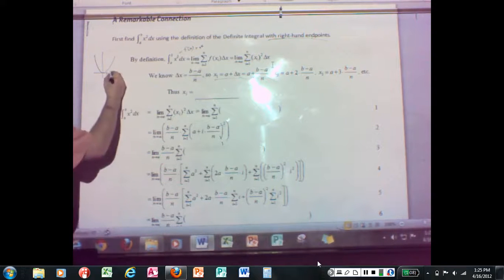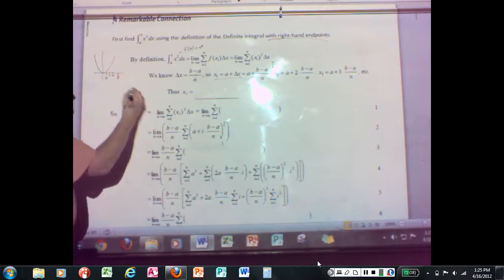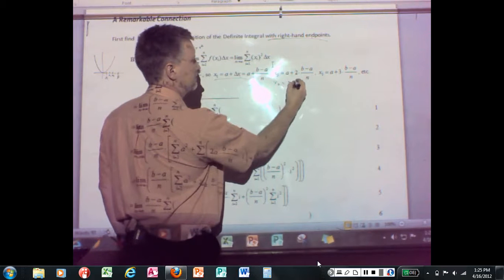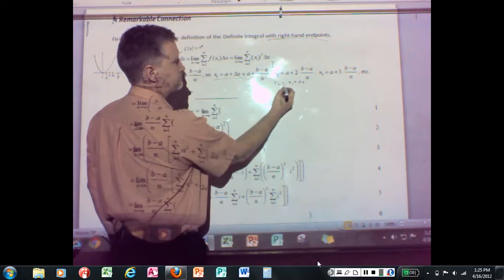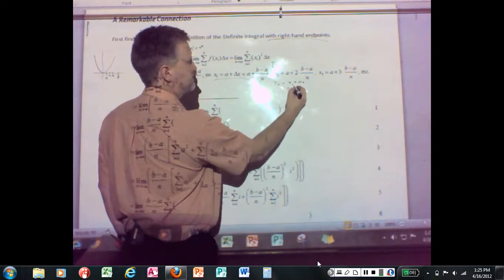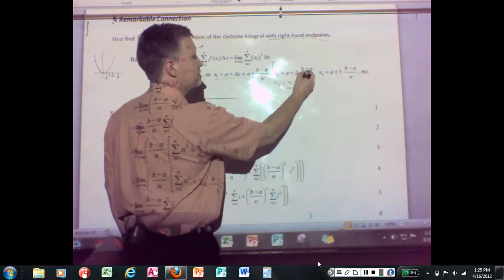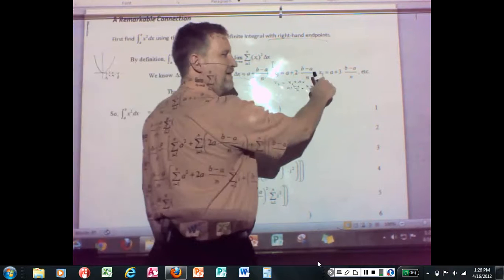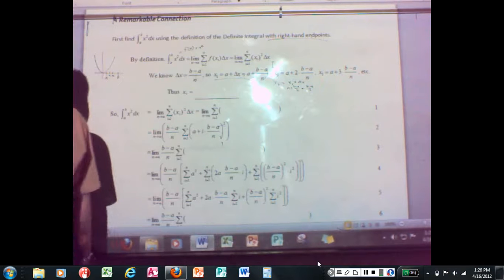All right, so if I go x sub 2, well, we just go x sub 1 plus delta x. Well, that turns into this being x sub 1, that's a plus b minus a over n, plus another delta x, which is b minus a over n. So I wind up with a plus 2 times b minus a over n, right? Guess what? For x sub 3, I get a plus 3 times b minus a over n.